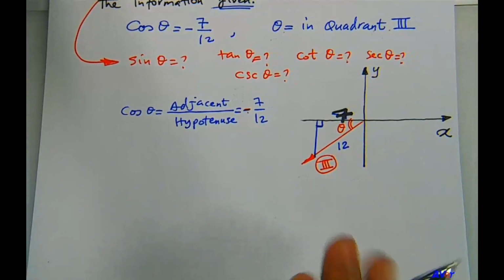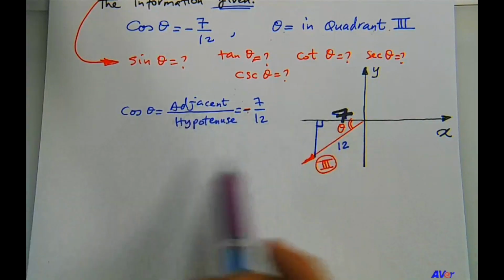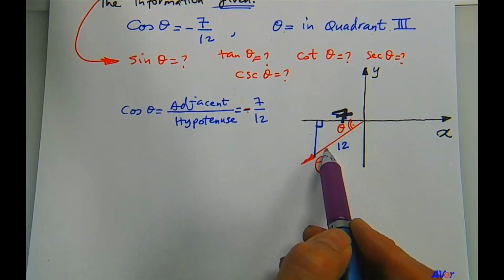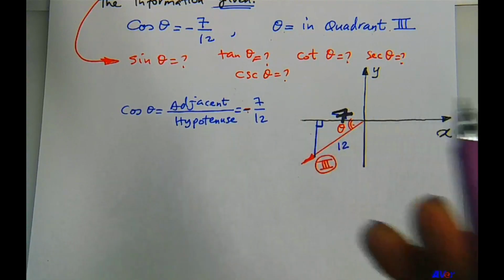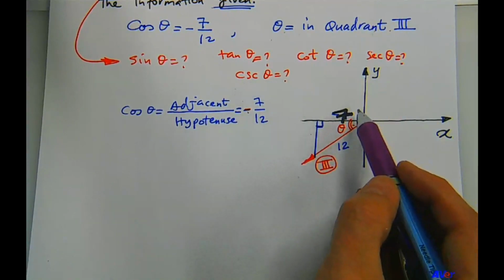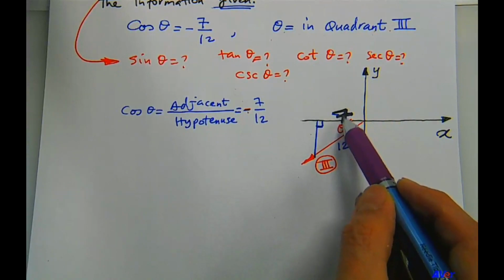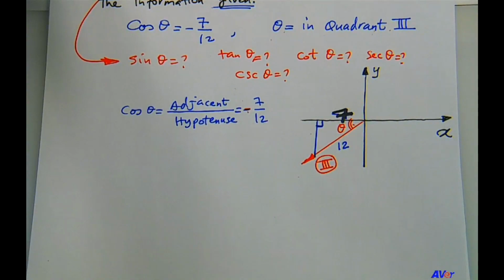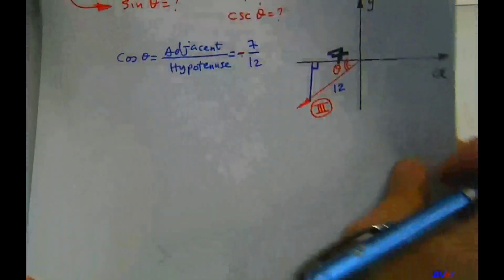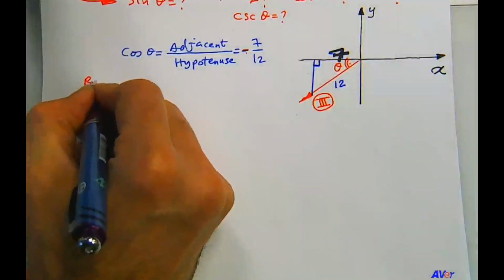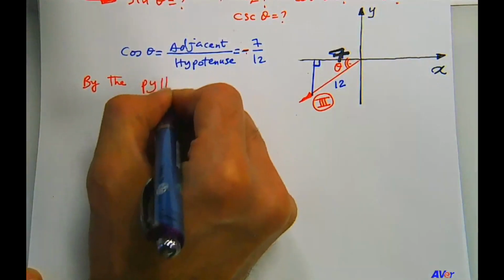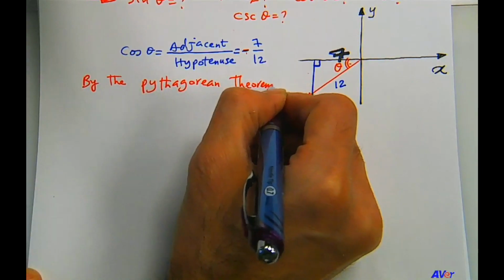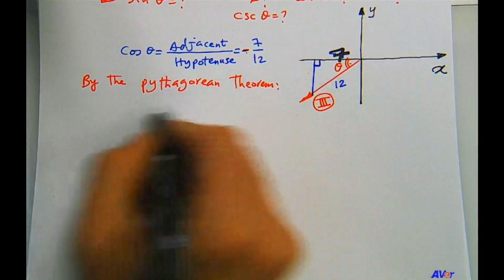Okay, so now knowing that, what about sine of theta? Well, sine of theta is the opposite side divided by the hypotenuse, but we don't have the opposite side. But that's no problem because by the Pythagorean theorem, we can calculate the missing side, the length of the opposite side. So let's do that. By the Pythagorean theorem, what do we have?